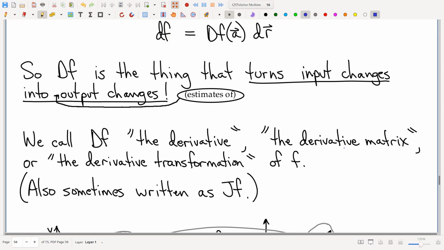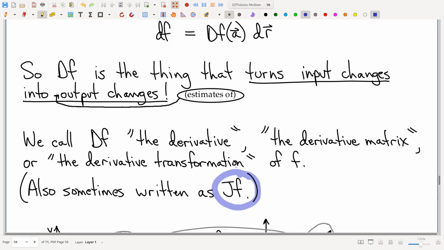Okay, one other thing I want to say about terminology and notation. Sometimes the D is written as a J. That's because another name for the derivative, aka the derivative matrix, aka the derivative transformation, is the Jacobian matrix, after a mathematician. And JF is suggestive of the Jacobian.